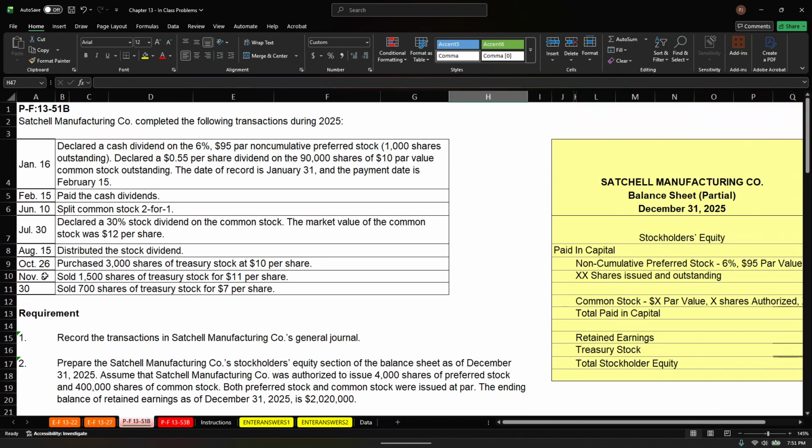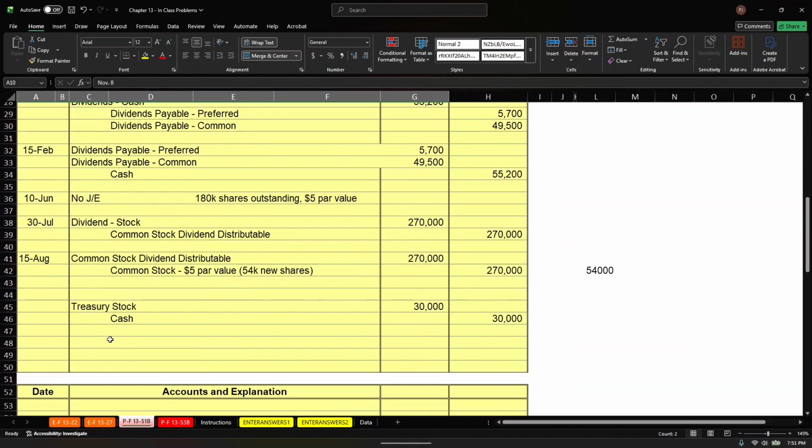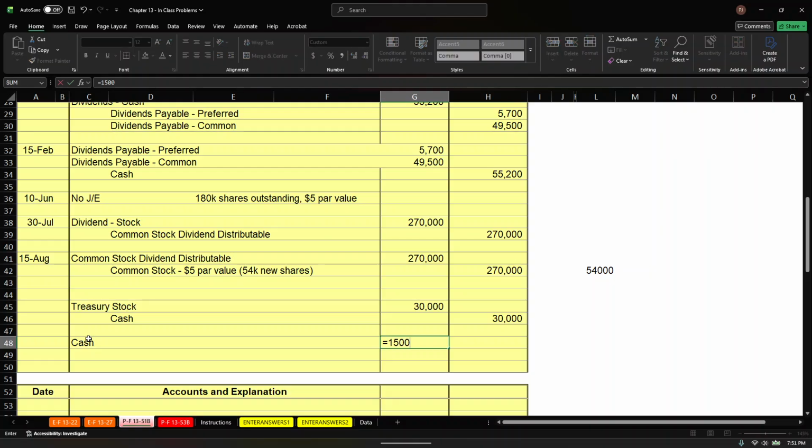Okay. Now we're selling 1,500 of those back at $11. So we're going to have that gain, right? That paid in capital from treasury stock transactions, because we're having $1 per share profit here. So in order to do that, we know that we have cash coming in the door, and that's going to be equal to the 1,500 shares times $11 a share that we're kind of reselling the shares for to some investor, to someone in the market.